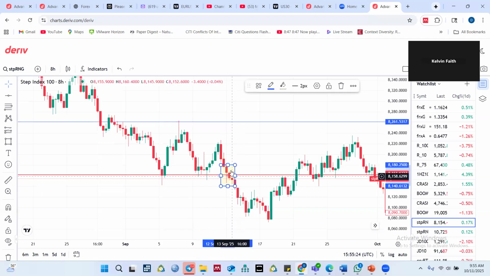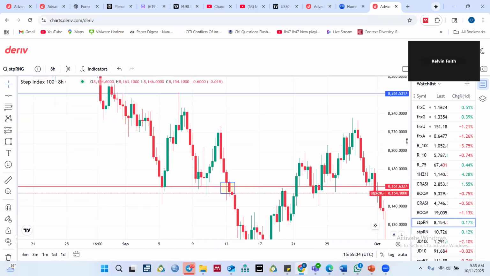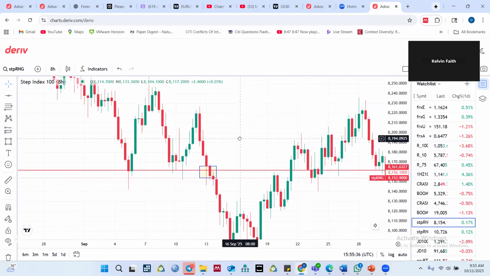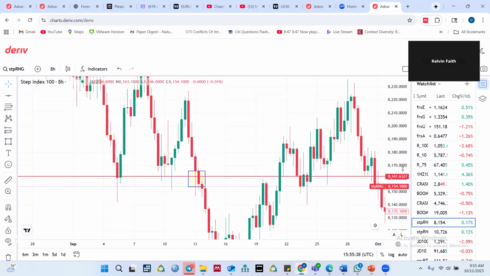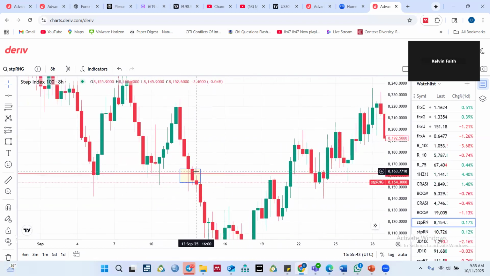But the next candle hit the red line, stayed on it, and constantly closed below the red line. The moment you see price closing body below the red line, that is what I call indication.